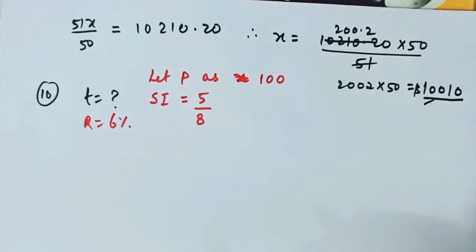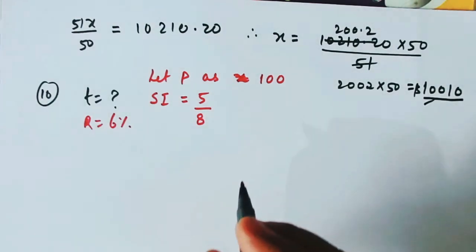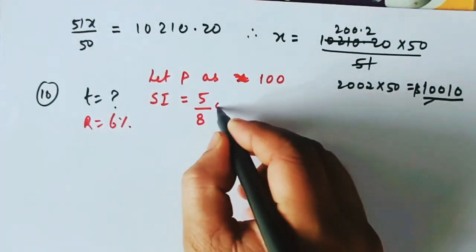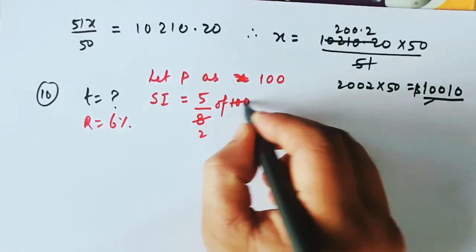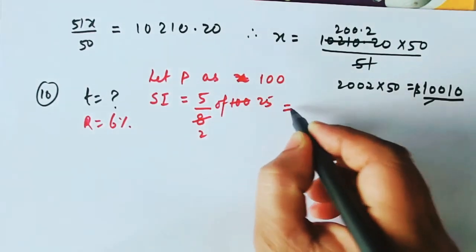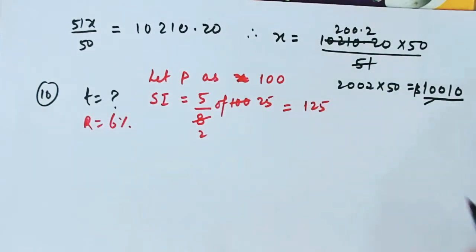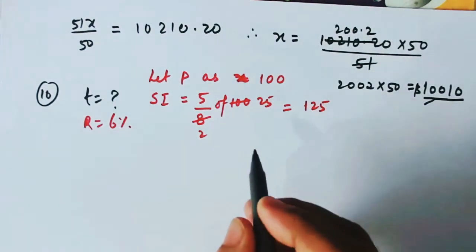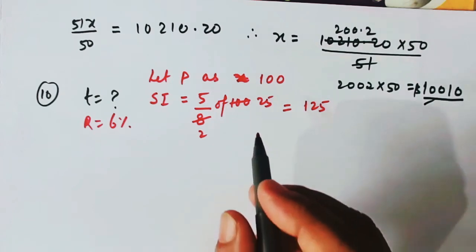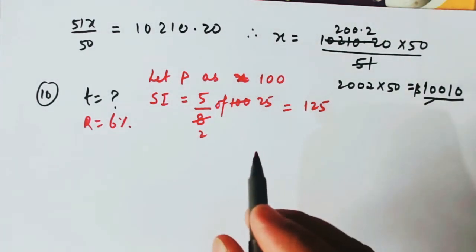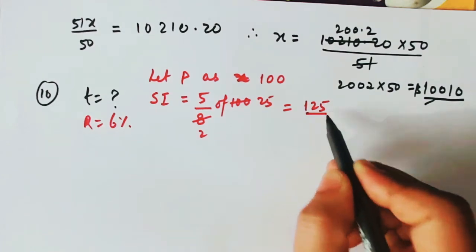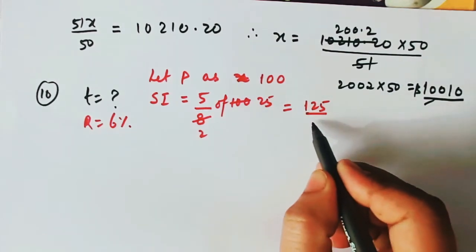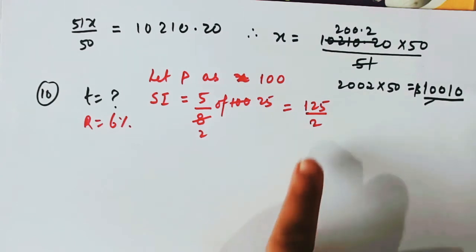Simple interest will be equal to 5 by 8 of 100, that is 125 by 2. Very good. This is your simple interest.